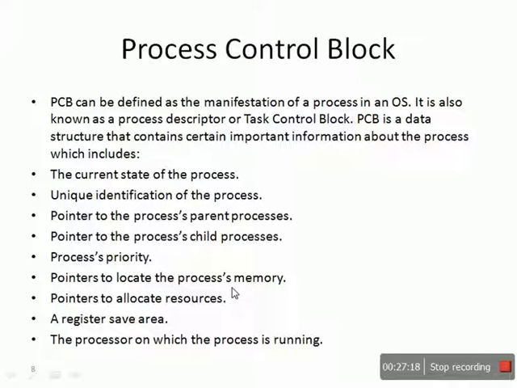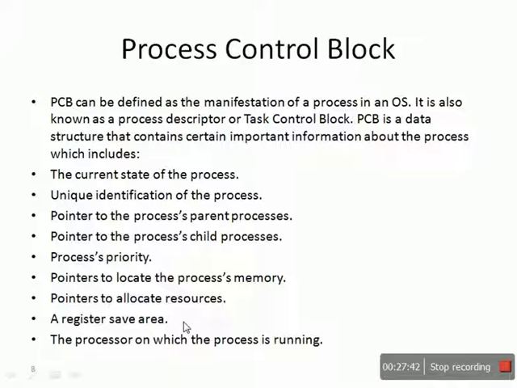Pointers to locate the process's memory, that is, where this process is located in the main memory, at what location. Pointers to allocated resources, what resources are acquired by this particular process, are also stored in the PCB.